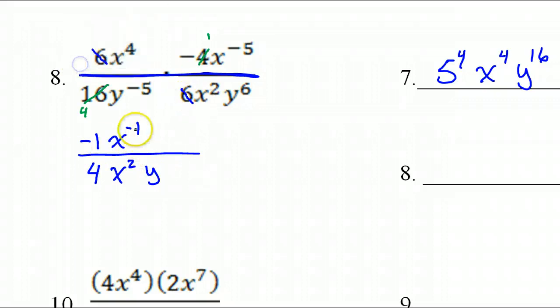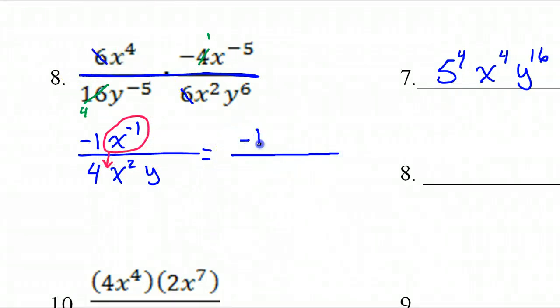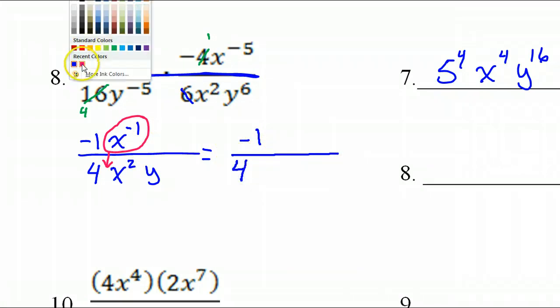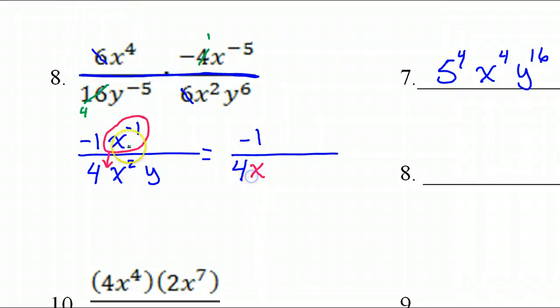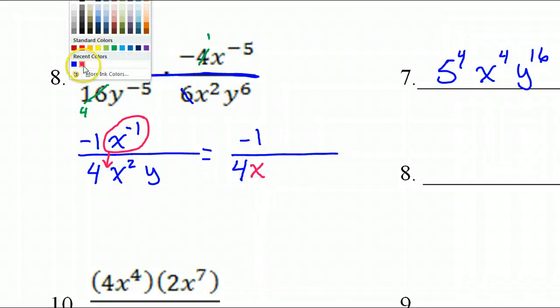Now, anything with a negative power has got to drop down. So this is going to drop. So if I do that, the only thing in the top is -1. And then I will have 4. And then here's the x that I just dropped down.